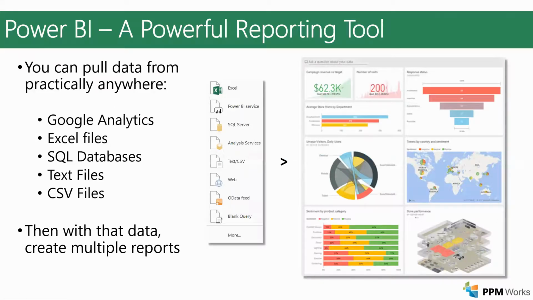Another benefit, I know that we're focusing specifically on Project Online, but just so you have a full understanding of the tool, you can pull data from practically anywhere. Google Analytics, Excel files, if you have all your data stored in an Excel file, or somebody's provided you data in a CSV file, you can report visually on that. You can pull directly from SQL databases via the OData feed and the SQL Server feed.